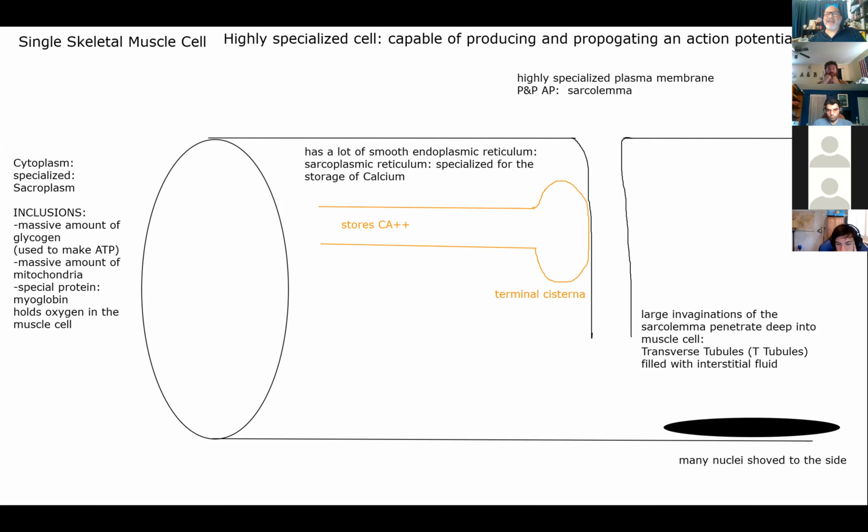And it turns out the same thing happens on the other side as well. We have some sarcoplasmic reticulum over here and a big, huge enlargement, and a second terminal cisterna. And it turns out these three things together, the two terminal cisternae and the transverse tubule, form a unit called the triad.